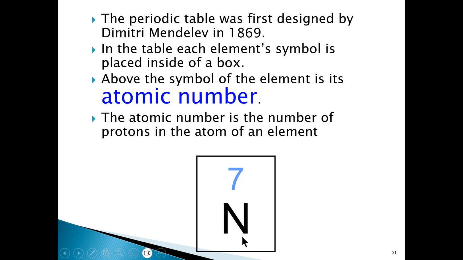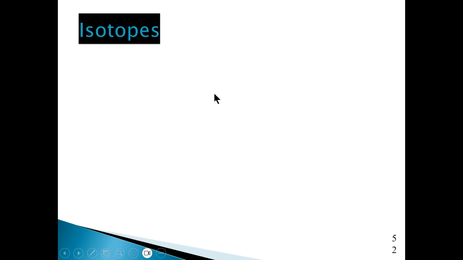So for example, nitrogen here is the only element which has an atomic number of 7. And that 7 represents the number of protons that is present in the atom of nitrogen. All right? So different elements have their own unique atomic number. Nitrogen is 7, sodium is 11, neon is 10, and so on and so forth.